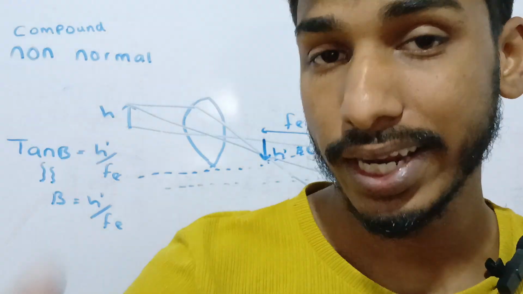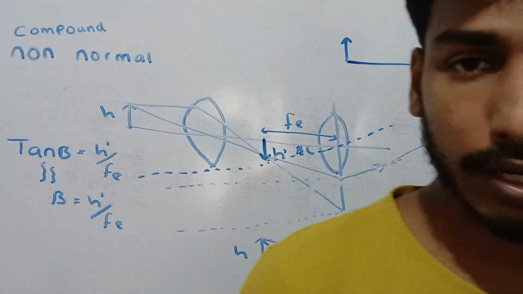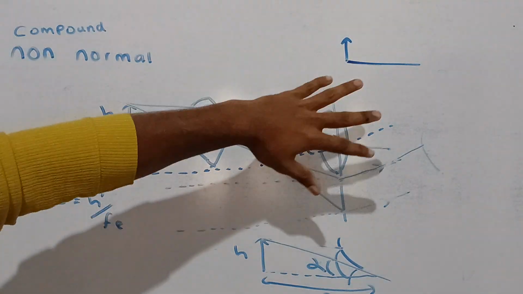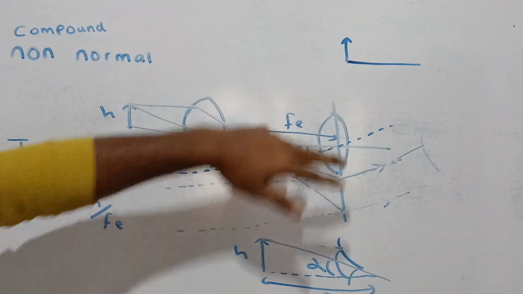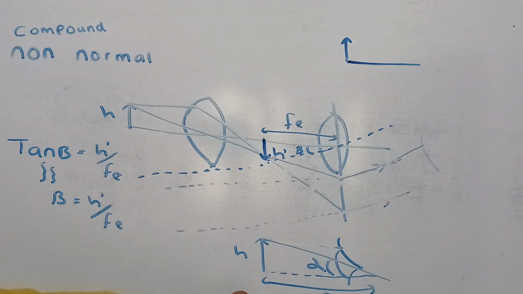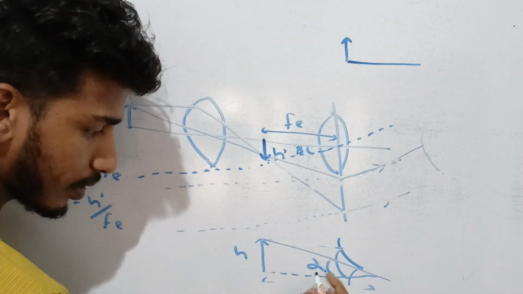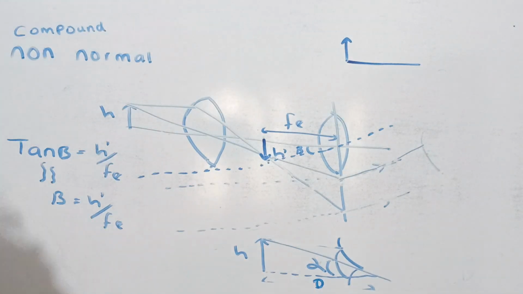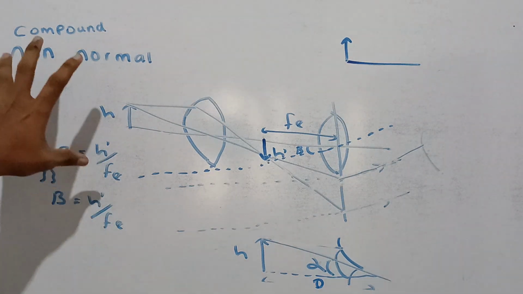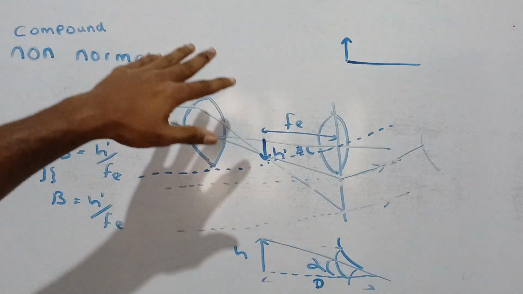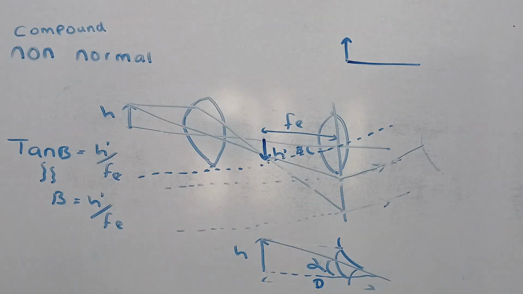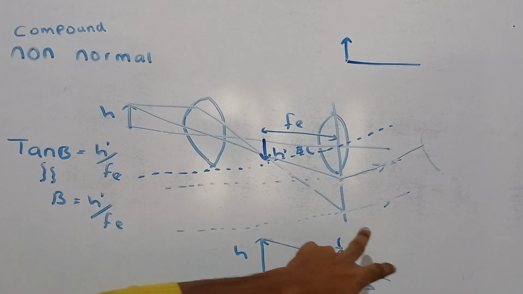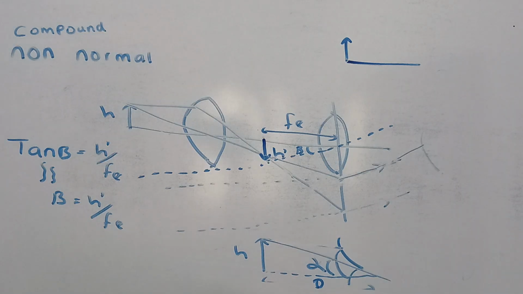Because when it is in normal adjustment, in our ray diagram itself there was this least distance of distinct vision. But when it is in a non-normal adjustment, only by the concept, the angle subtended on the unaided eye, we get this least distance of distinct vision.